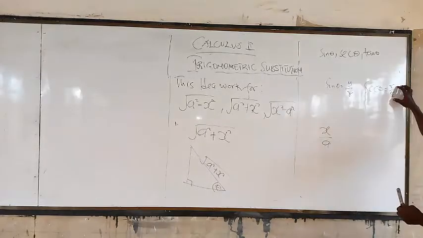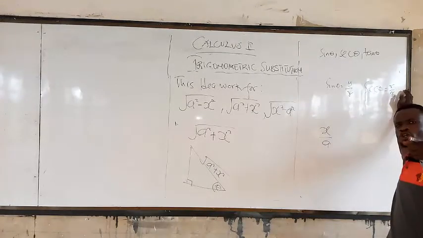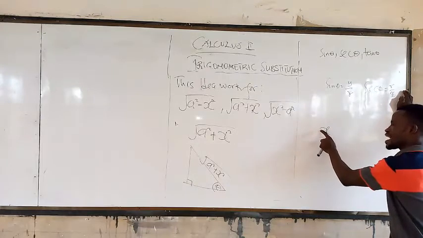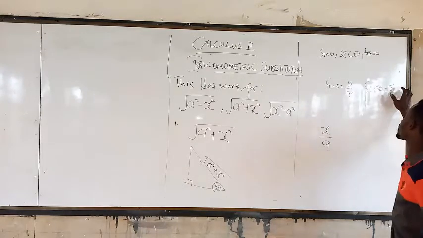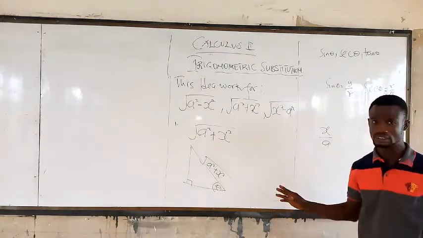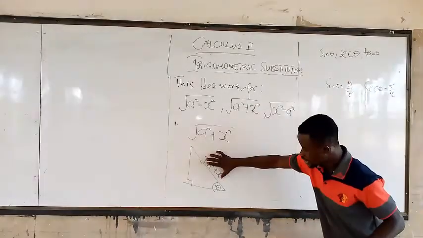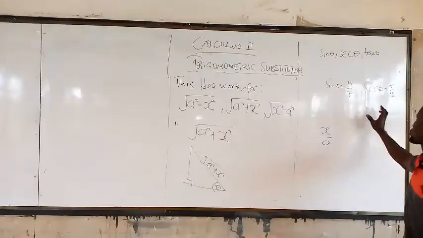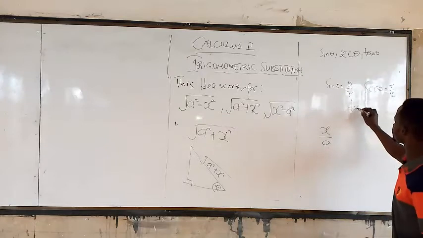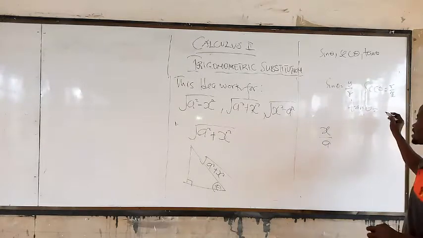And having r over x will also fail to give a variable x over a constant a, because since you have r in it, it fails because the hypotenuse is involved. So here it is failing. So the only one is tan theta, very good.